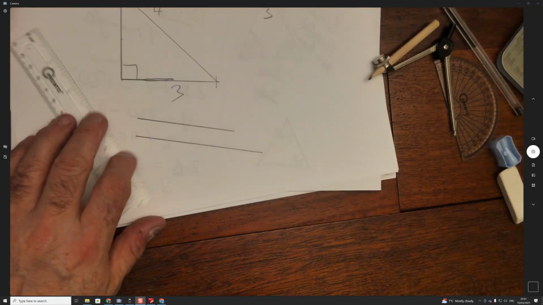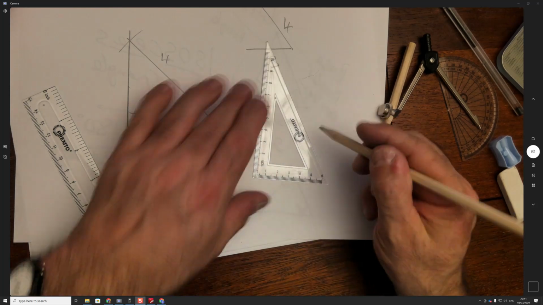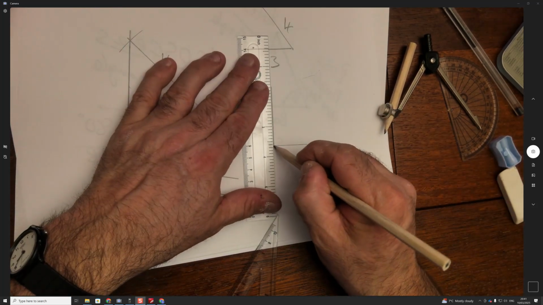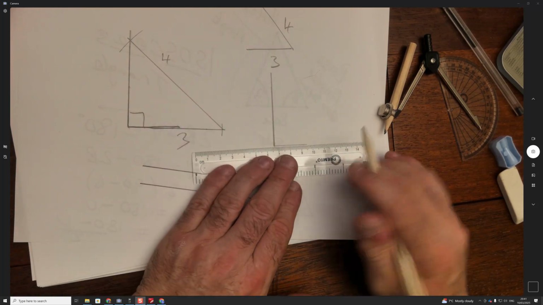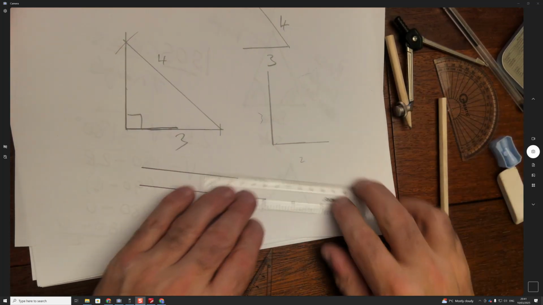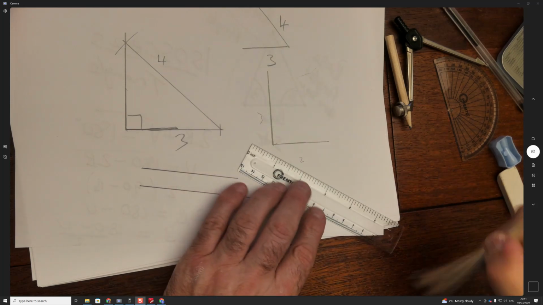Of course, if we're making a right angle triangle with, let's say, 2 here and 3 here, it's very easy. You'll put down a length, and they'll give you half of this stuff anyway.